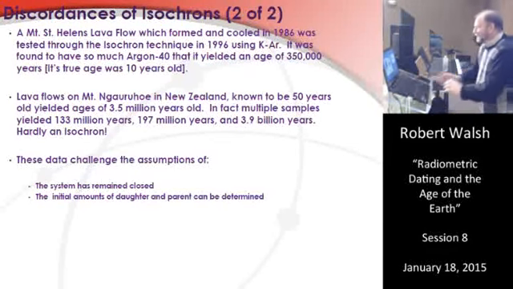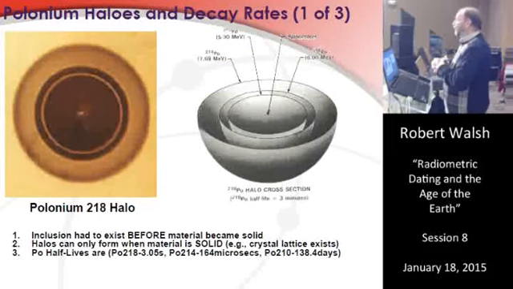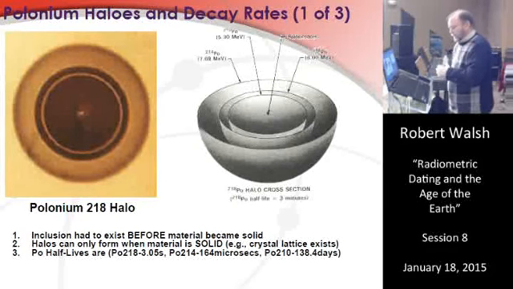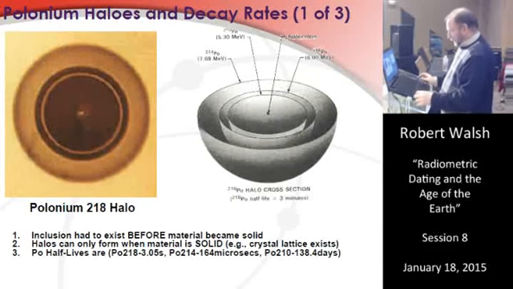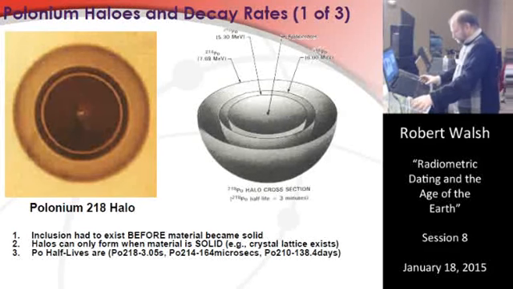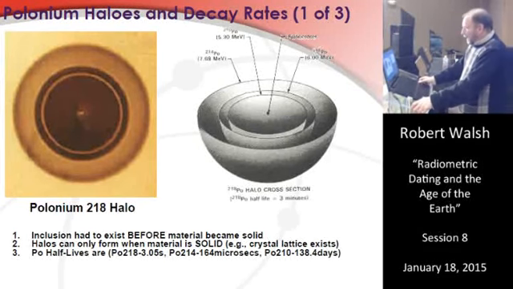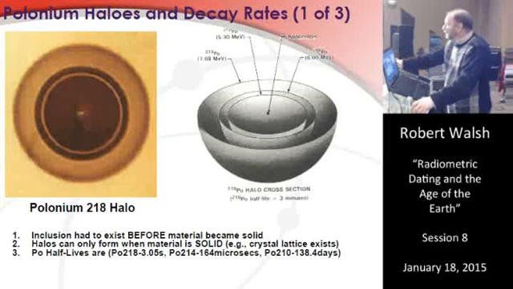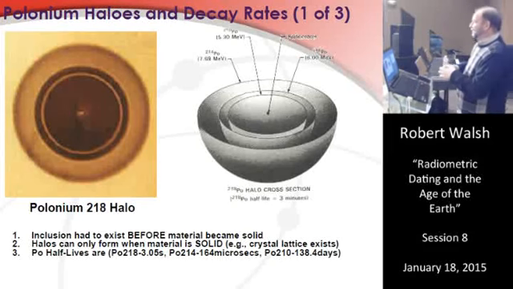Let's take a look at something else here which is very interesting, and that's this idea of polonium halos. What is so significant about these things? What are they? A polonium halo is formed by an inclusion of polonium in material, and this polonium is decaying.